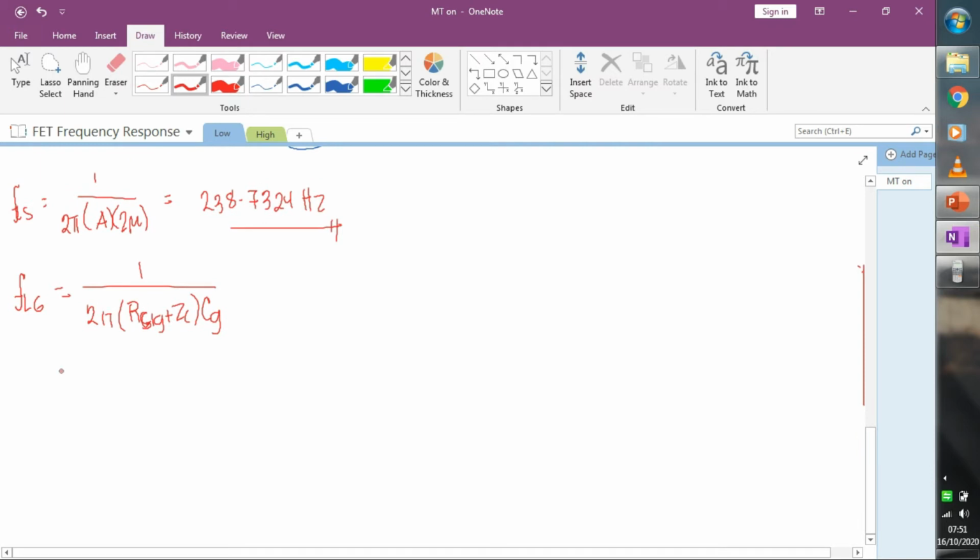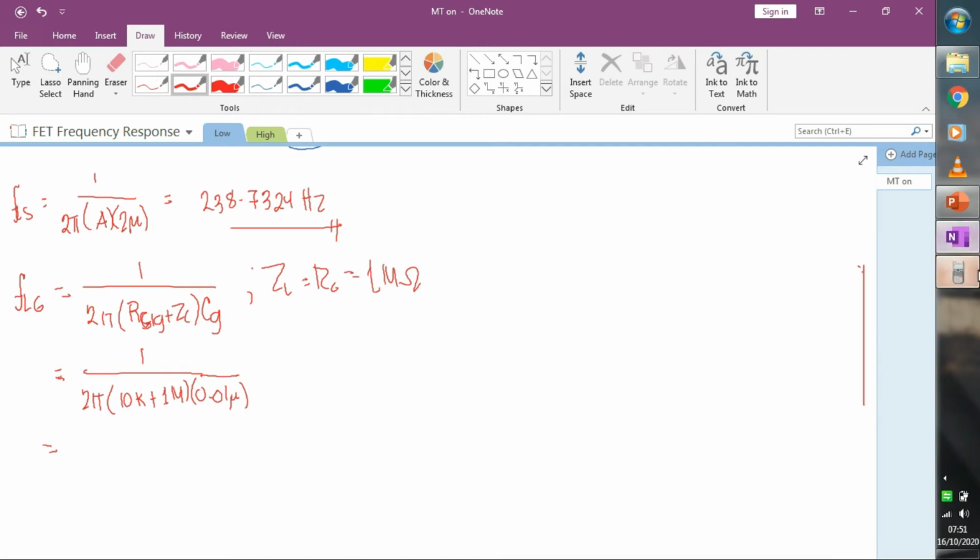So, direct substitution. This is equal to 2 pi times R sig, which is 10K, plus Zi, which is 1 mega, times Cg, which is 0.01 microfarad.